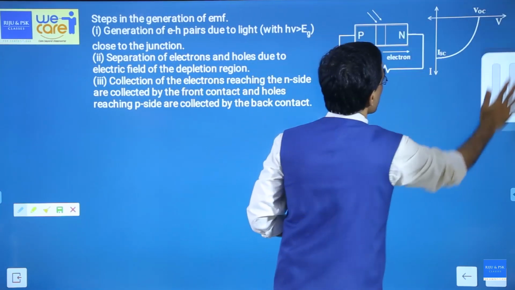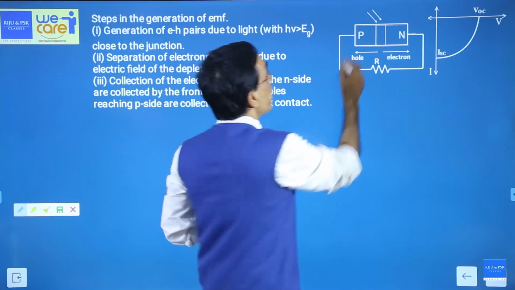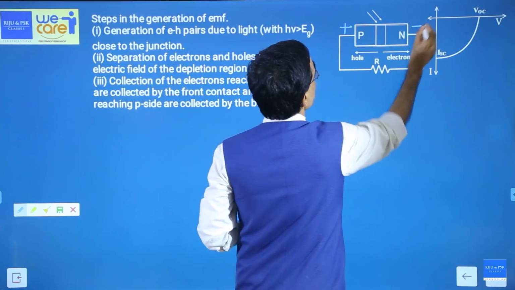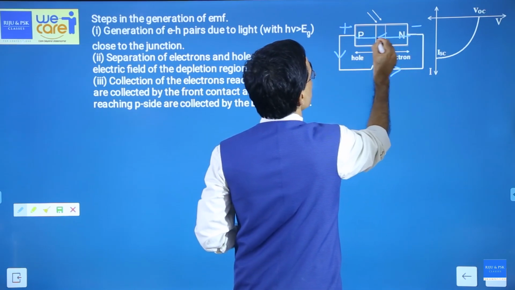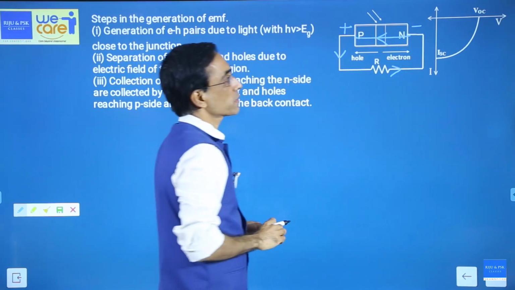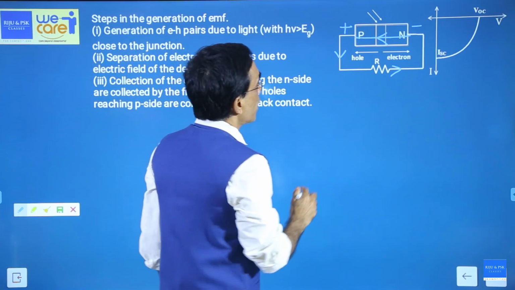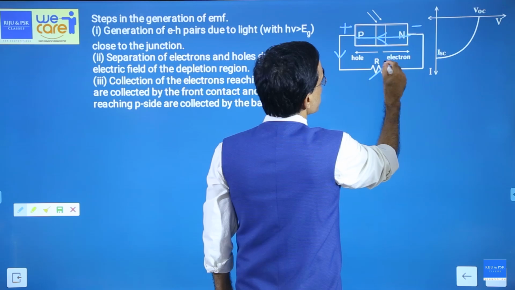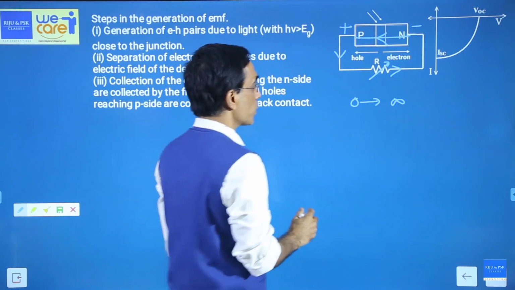Now in a PN junction, in a solar cell, which is positive, which is negative? P is positive and N is negative, and current will flow like this from the N side to the P side. Now this external resistance can be varied from 0 to infinity.